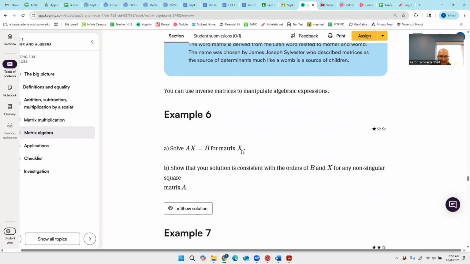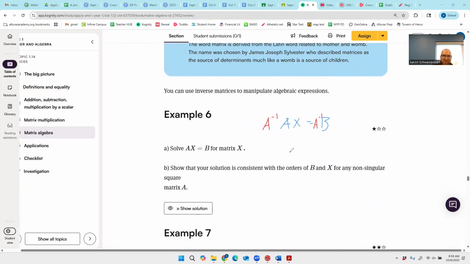Okay, solve this for x. Well, we cannot divide by matrix A, but we can take AX equals B. I can multiply by the inverse, but I am left multiplying, which means I must left multiply there.